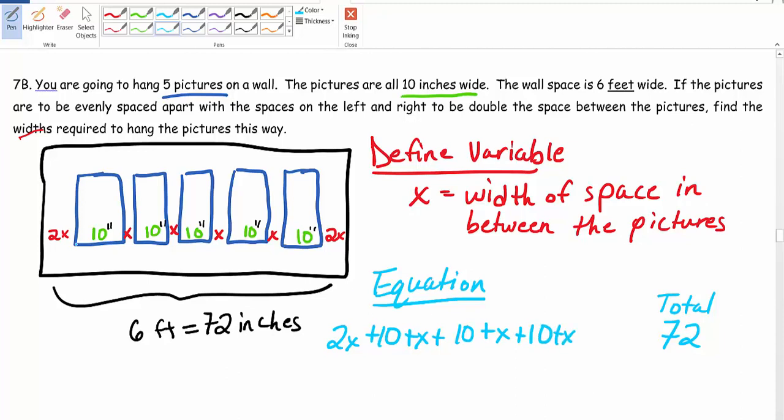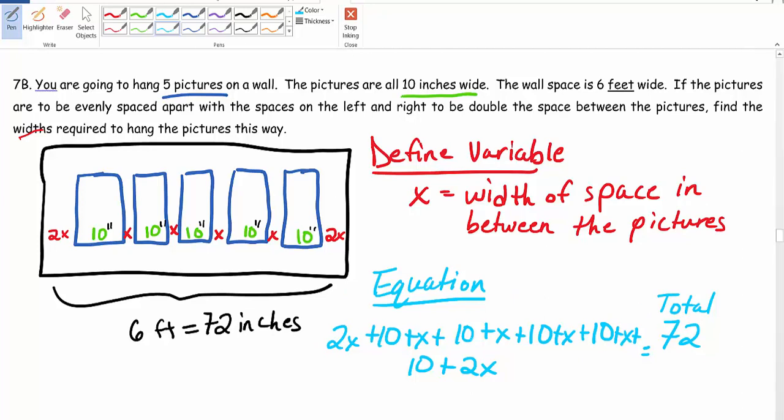Let's see here, we have our 2x, 1, 2. We have a total of 3 10s right now. 10 plus 2x. So that should be our equation. Again, 1, 2, 3, 4. Yep, there is our equation. The entire thing, when we combine it all together, should total 72 inches.